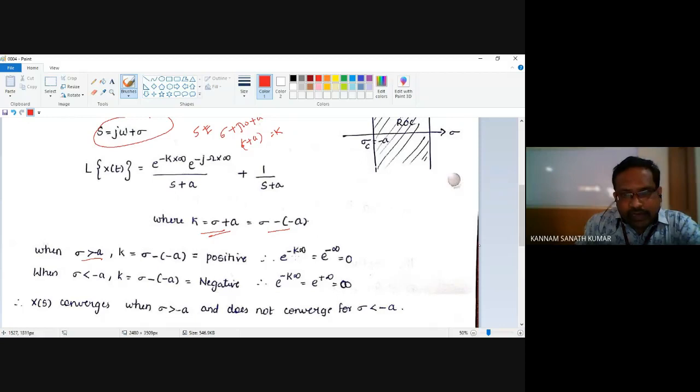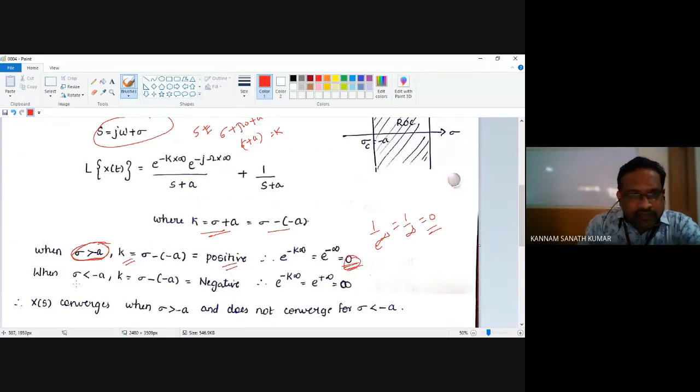So e power minus k infinity, with k positive, means e power minus infinity. What is e power minus infinity? It is 1 by e power infinity, 1 by infinity. What are you getting? You are getting 0. So when k is positive, when sigma is greater than minus a, you are getting a finite value 0.